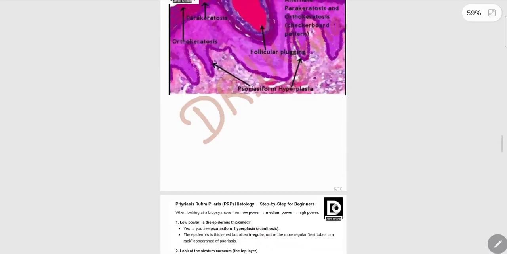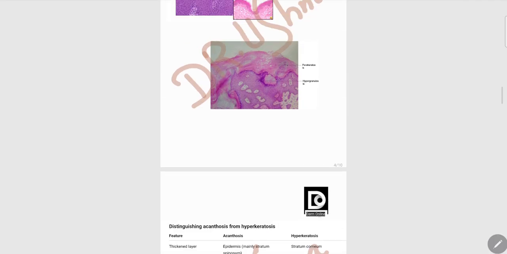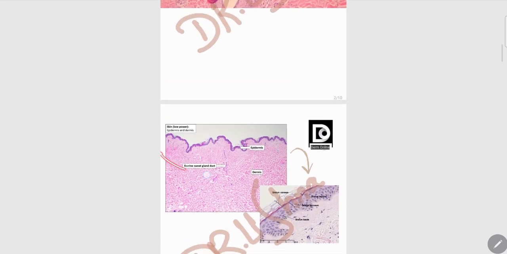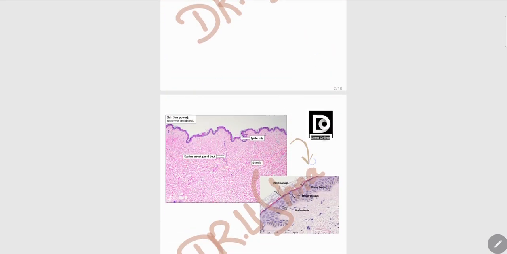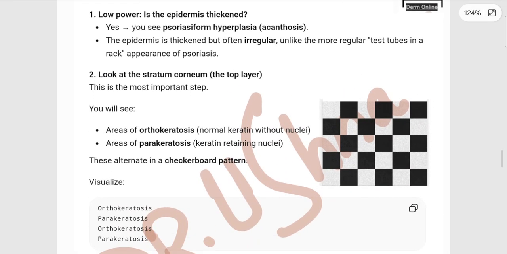You can easily appreciate that my epidermis is so thickened and this was my normal epidermis. Then you are making the differences of acanthosis, whether this is regular, which is psoriasiform hyperplasia, or this is irregular.